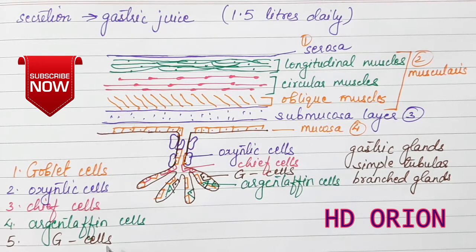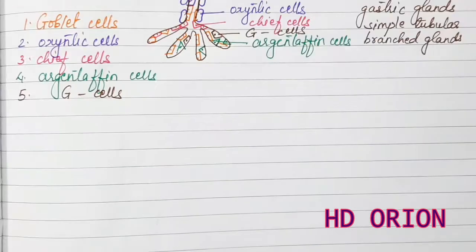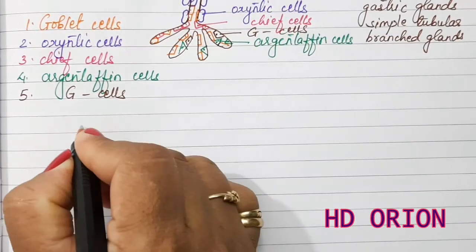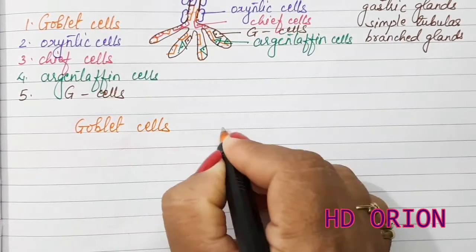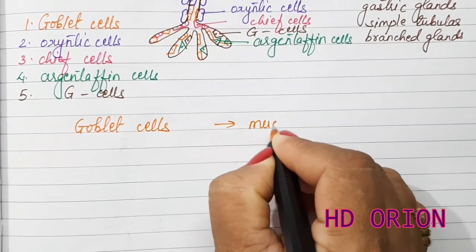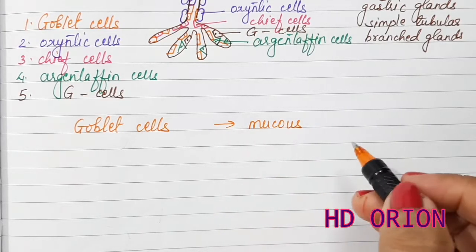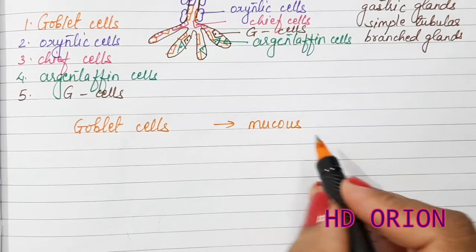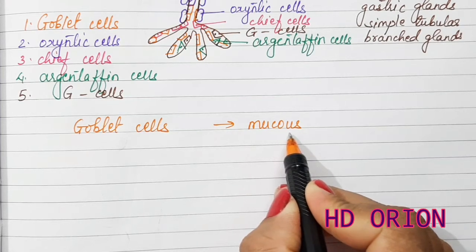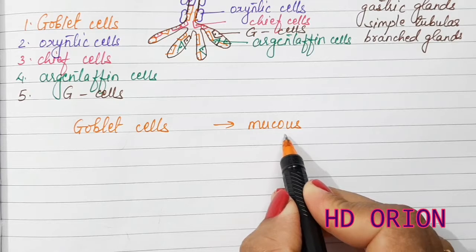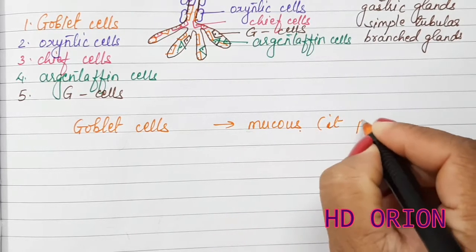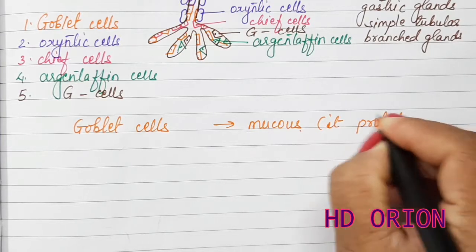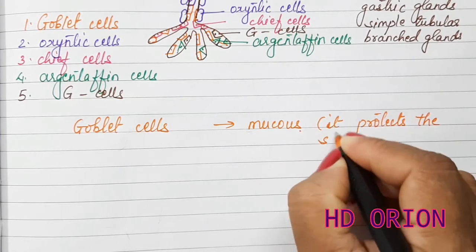Now let us see the secretions. The goblet cells are most numerous and they secrete mucus. Mucus is a thick secretion which is slimy, and its main function is to protect the inner lining of the stomach from the HCl. So this is quite a thick layer.